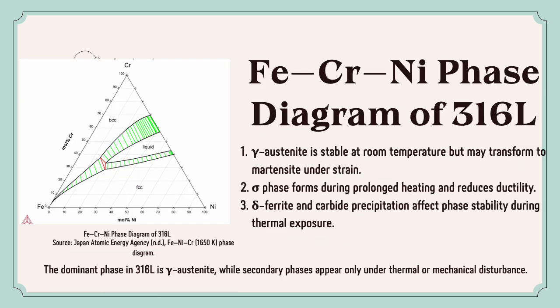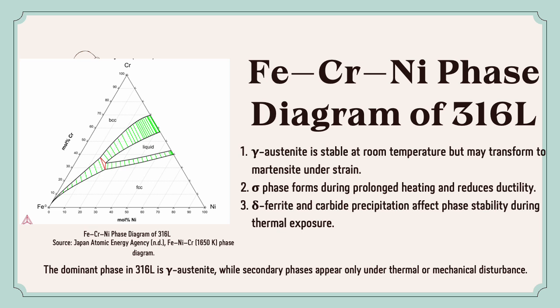This iron-chromium-nickel phase diagram helps us understand the phase stability of 316L stainless steel. First, gamma austenite is the dominant phase in 316L stainless steel and remains stable at room temperature. However, under significant strain or plastic deformation, some austenite may transform into martensite, which is a harder phase. In addition, prolonged heating can lead to the formation of sigma phase, which tends to reduce ductility.